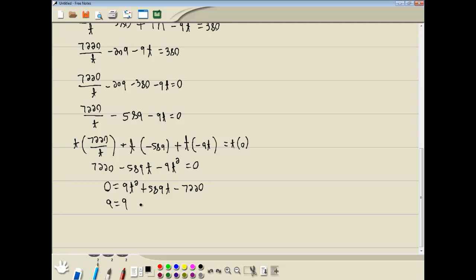So a is 9, whatever's in front of t squared. B is 589, whatever's in front of t. And c is your negative 7,220. And we got t is equal to negative b plus or minus square root of b squared minus 4ac all over 2a.